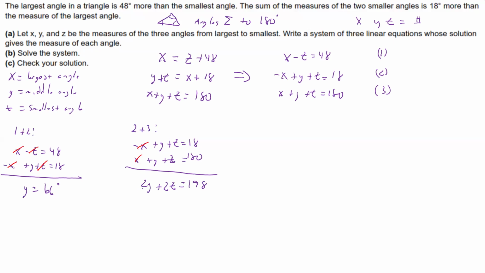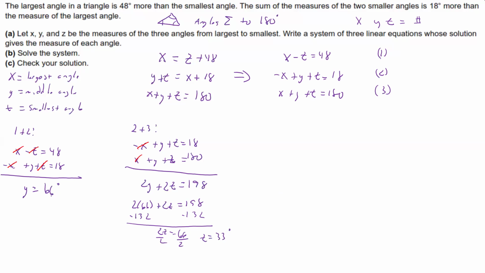Well, we already know Y, so we can solve for Z. So 2 times 66 plus 2Z equals 198. Well, that's 132. So if we subtract 132, 2Z equals 66, it looks like. Divide by 2. So Z is equal to 33 degrees.